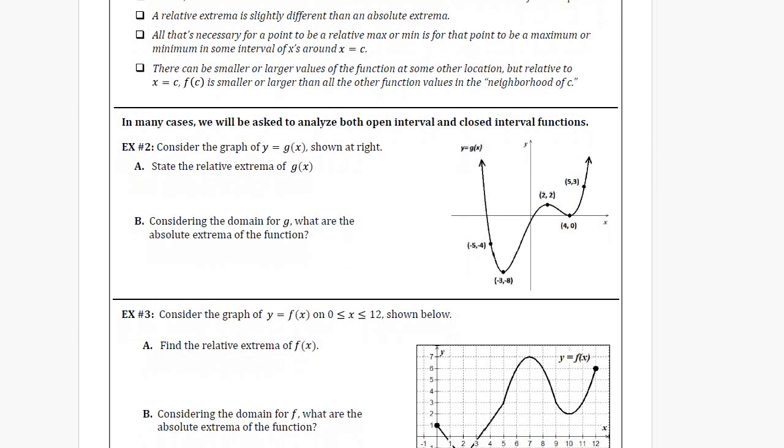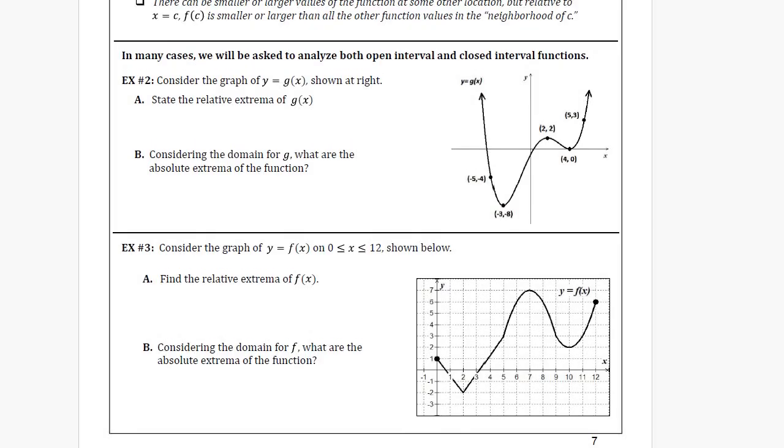It says, in many cases we will be asked to analyze both open and closed interval functions. In this first one, notice that we have arrows, so that would be an open interval function. It says, consider the graph of y equals g of x shown at the right, state the relative extrema. Again, we're looking for turning points, where we change from decreasing to increasing, or increasing to decreasing. We have three: relative extrema at x equals -3, 2, and 4.